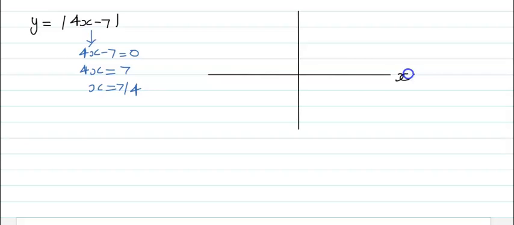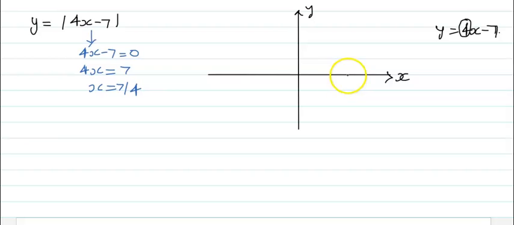And we can draw the axes here. Okay, this is our x-axis and this is our y-axis, and y equal to the line 4x minus 7. Yeah, because this 4 is a positive gradient and minus 7 is the y-intercept. So the line will pass from here.